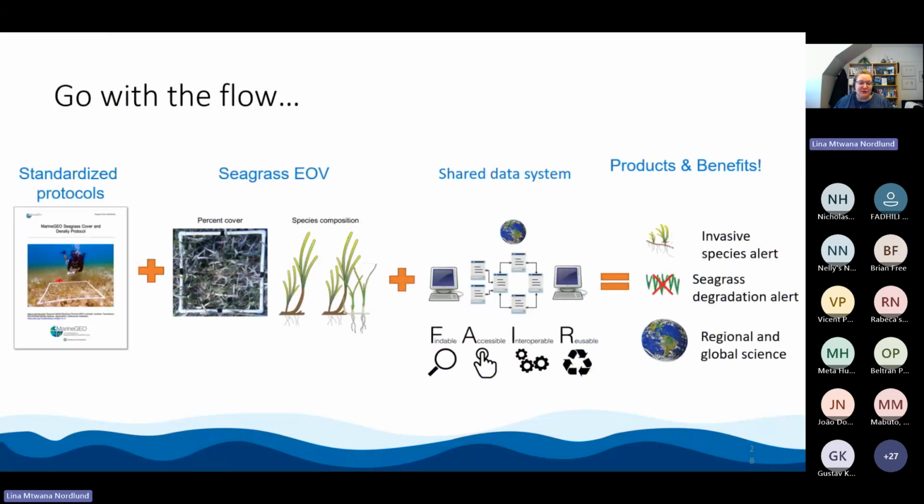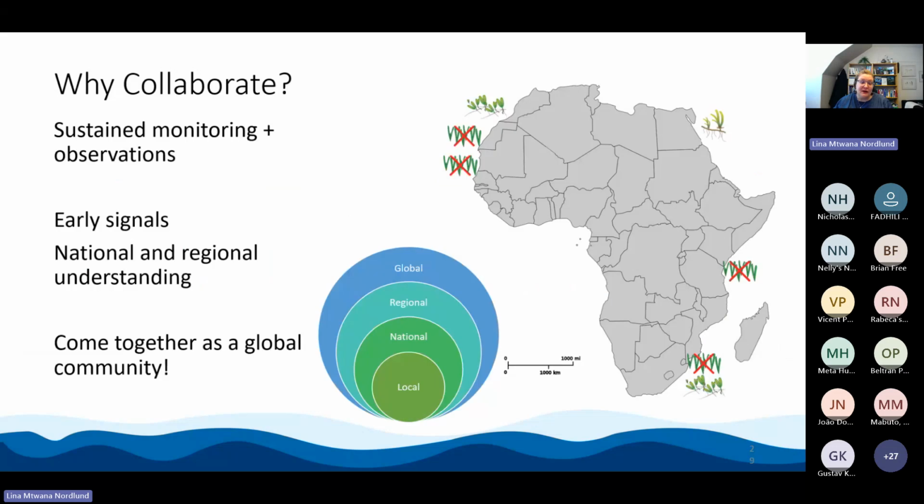So it's really about going with the flow, using standardized protocols, collecting the data that you need, but also publishing the data. Because the more published data we have available, the better products we can do, and the more benefits. So collaboration, especially when you have data platforms where you can visualize all this different data, can really advance our understanding of the ocean.